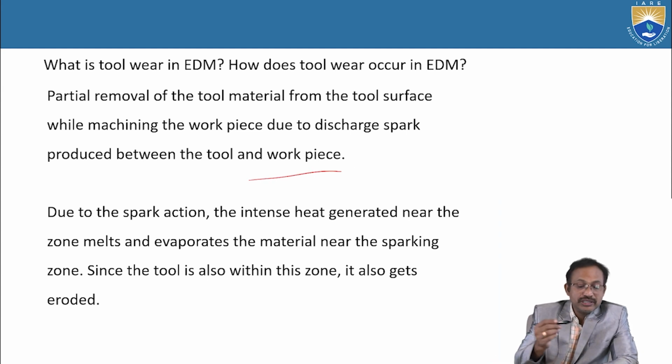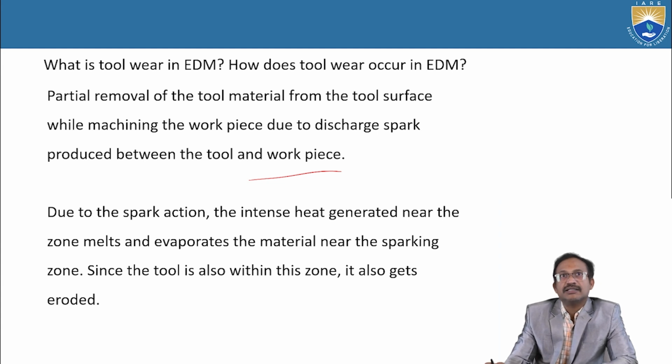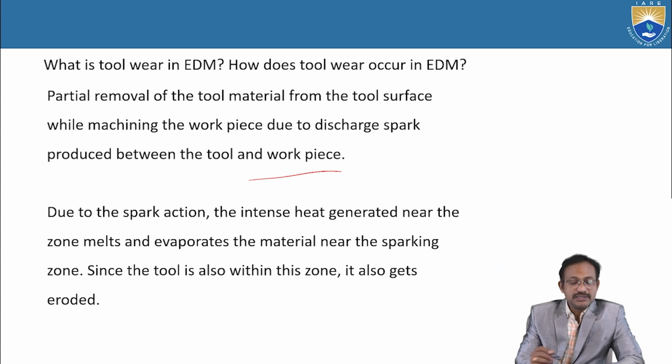Due to the spark action, the intense heat generated near the zone melts and evaporates the material near the sparking zone. Since the tool is also within this zone, it also gets eroded. Because of this, the tool also will be subjected to some wear.